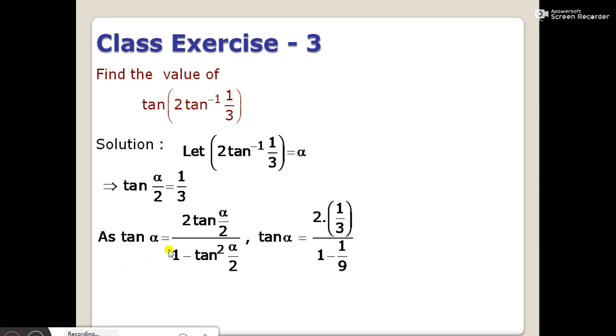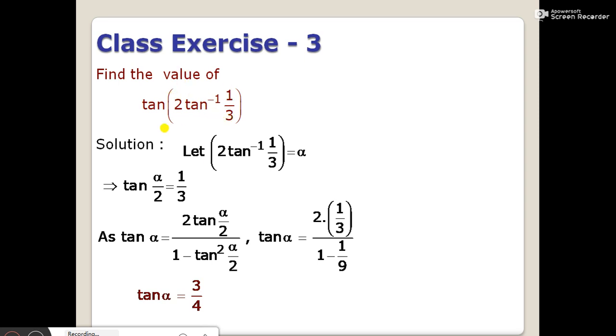As you know the half angle formula, tangent alpha is equal to 2 tangent alpha by 2 upon 1 minus tangent square alpha by 2. Substitute the values. Tangent alpha by 2 is equal to 1 by 3. It becomes 2 into 1 by 3 upon 1 minus 1 by 9. While simplifying this, you will get tangent alpha is equal to 3 by 4. It means the value of tangent of 2 tangent inverse 1 by 3 is equal to 3 by 4.